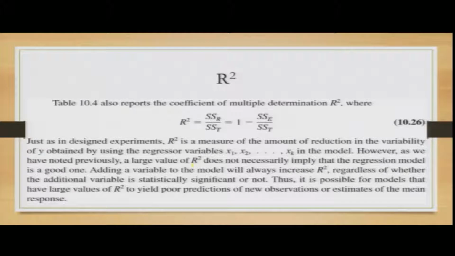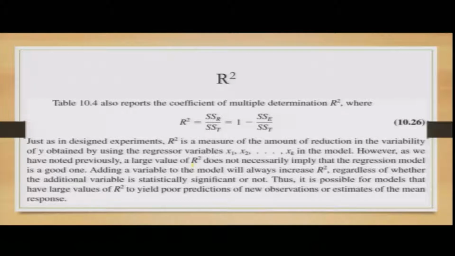However, as we have noted previously, a large value of R square does not necessarily imply that the regression model is a good one. This is interesting, and listen to it. Adding a variable to the model will always increase R square, obviously, because you are adding more and more variables. We think that we are able to predict more and more, regardless of whether the additional variable is statistically significant or not.